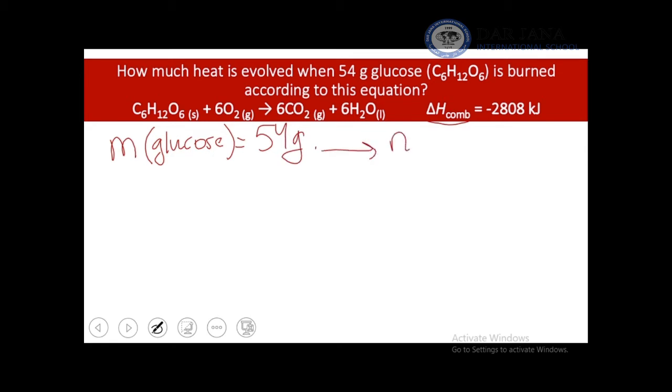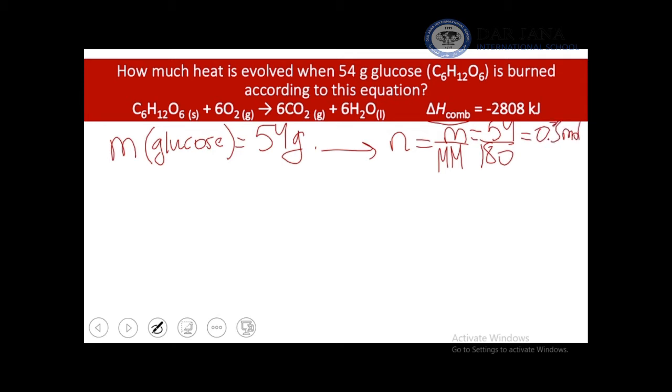So the number of moles equals the mass over the molar mass, which is 54 divided by the molar mass of glucose. In this case it is 180. If you divide them, the answer will be 0.3 mole.